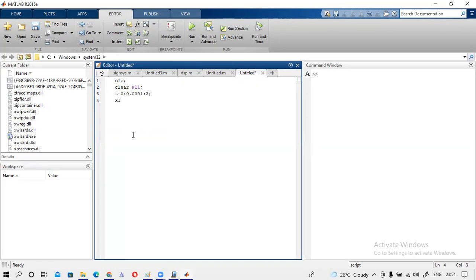So if I write x1, let's say that x1 is 2 cos, that is our first example, 500, that means 2π times 250.